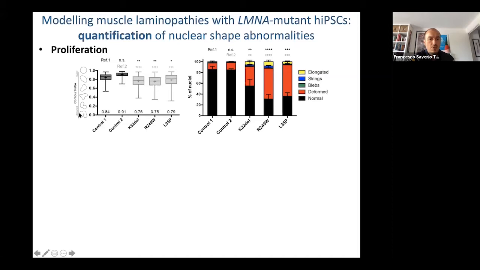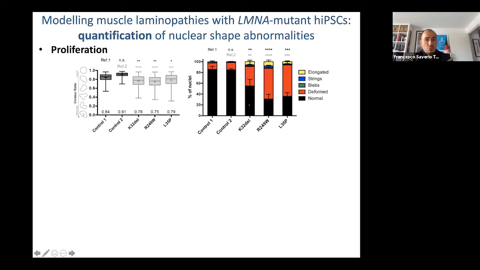The lower the number, the more dysmorphic the nucleus. These are two controls, and these are our three patients, in skeletal inducible myogenic cells from iPS cells of those three patients. You can see that they were statistically significant in terms of decrease of the nuclear contour ratio, meaning that we started to have a quantifiable, objective phenotype there.